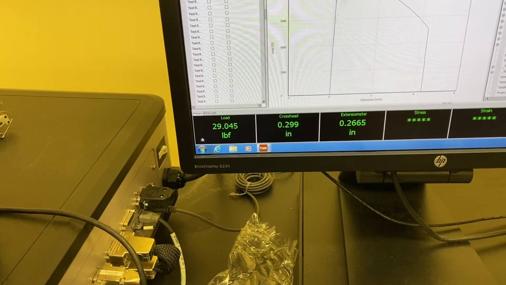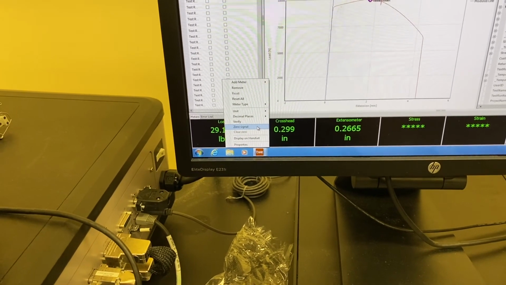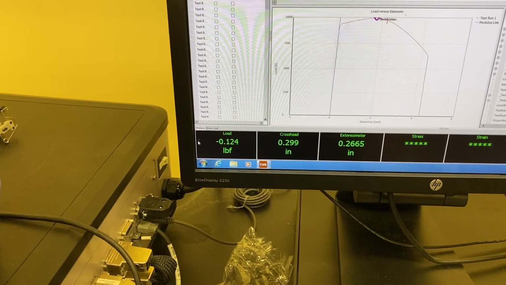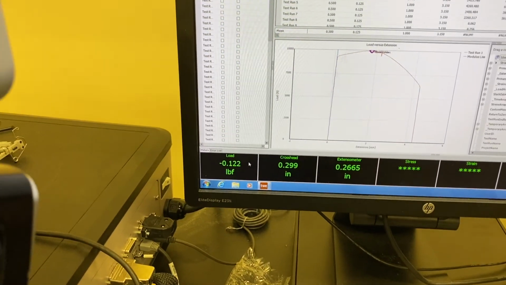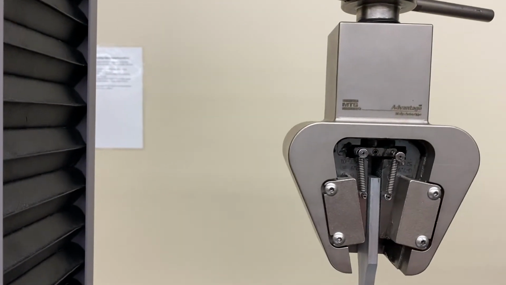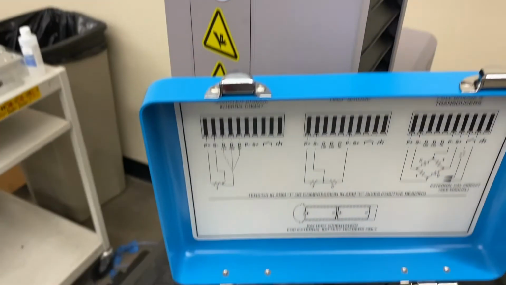Now we want to zero out our load. If we go to our load, we can zero the signal to zero out any residual load within our computer system. Now we have 0 load applied there. We have zeroed our strain indicator, and we can now tighten the top grip of our specimen.